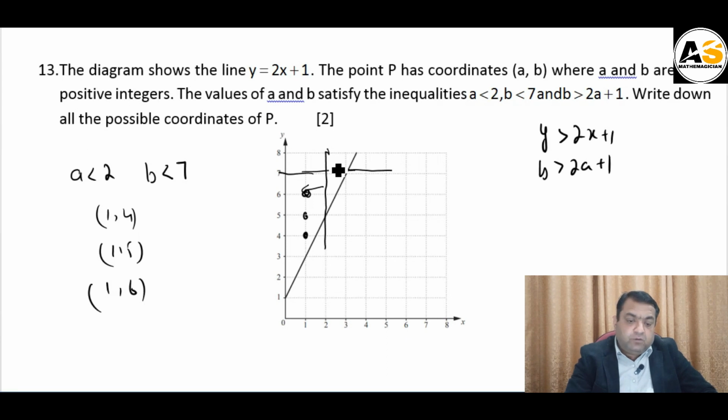A is less than 2 means the point will be on the left hand side of this line. B is less than 7, the point will be below this line, and B is greater than 2A plus 1, the point will be above this line. To the left of this and below this, only 3 points are seen over here with integral values. I hope this is clear.